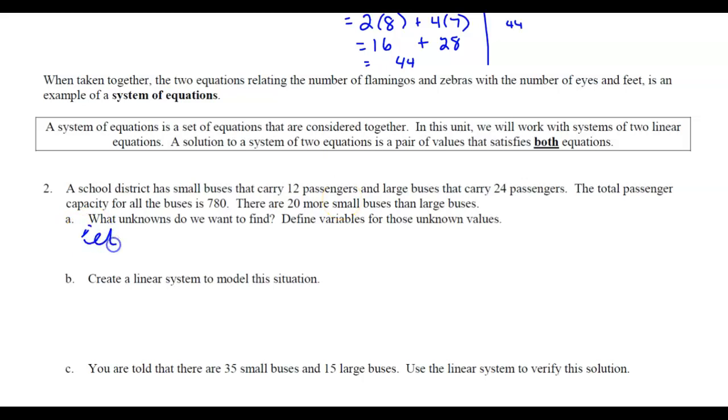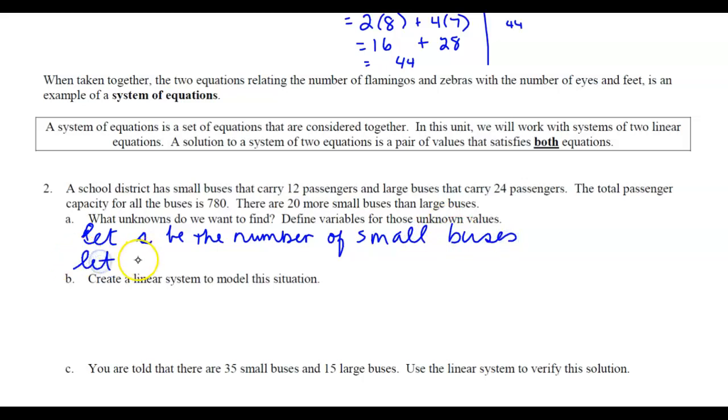So we'll let S be the number of small buses, and we'll let L be the number of large buses.